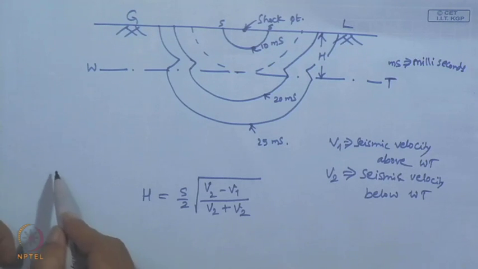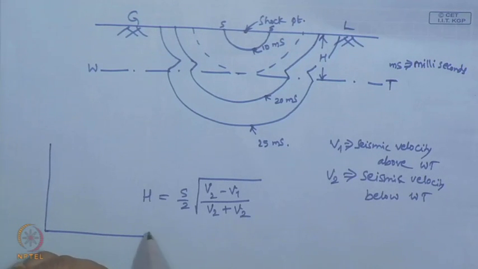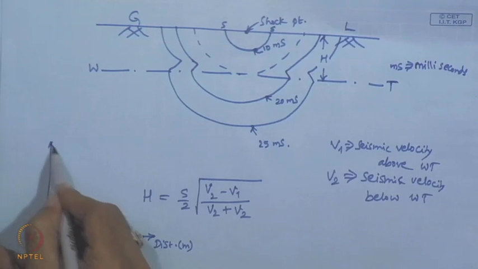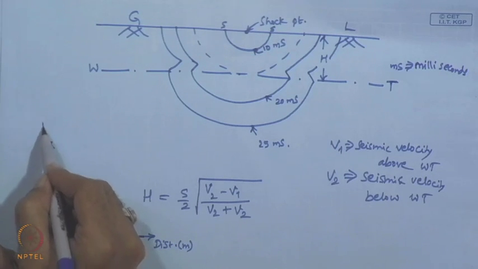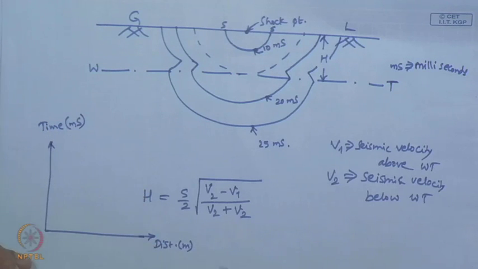And here, in this case, if we plot the distance-time graph, this is the distance in meters, and this is the travel time in milliseconds.